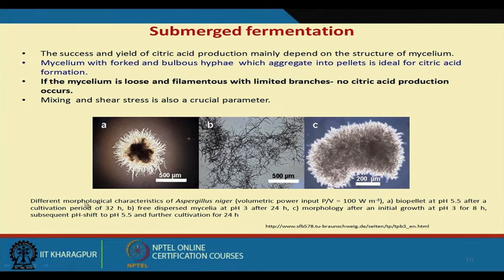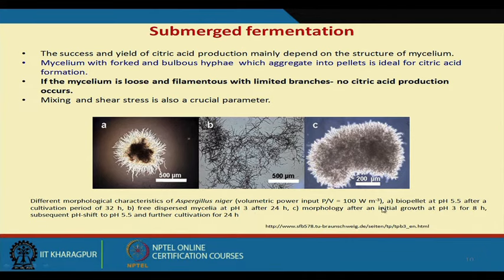The different morphological characteristics of Aspergillus niger are like this: biopellets at pH 5.5 after cultivation of 32 hours. You can see this, and freely dispersed growth at pH 3 after 24 hours looks like this, with more bunches.